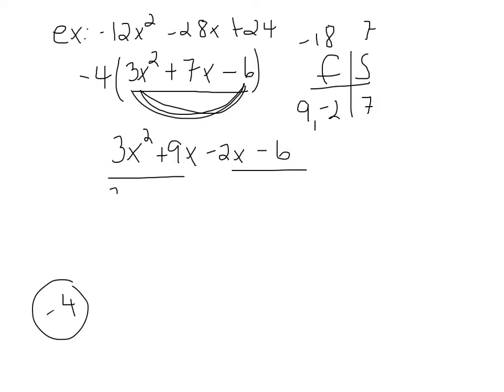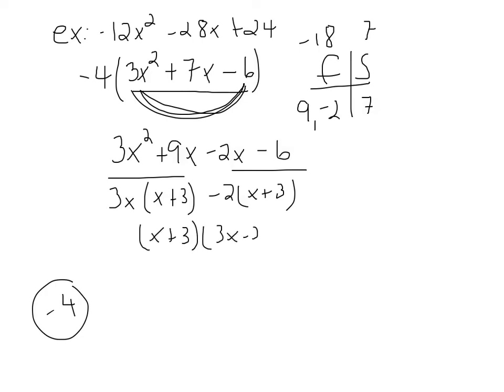So now a little factoring by grouping. We take out a 3x, and we're left with x plus 3. We take out a -2. We're also left with x plus 3. We take out a GCF of x plus 3, and we're left with 3x minus 2, but don't forget, we took a GCF out of the whole problem to get started. That needs to be part of the final answer as well.